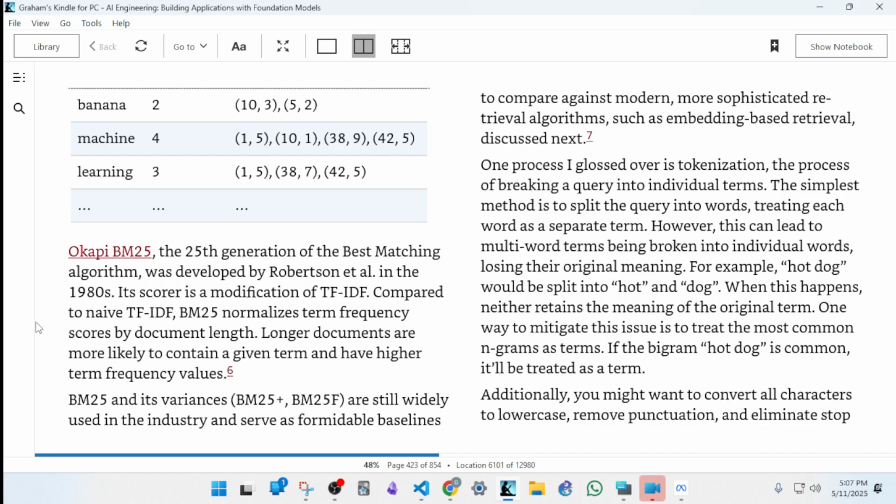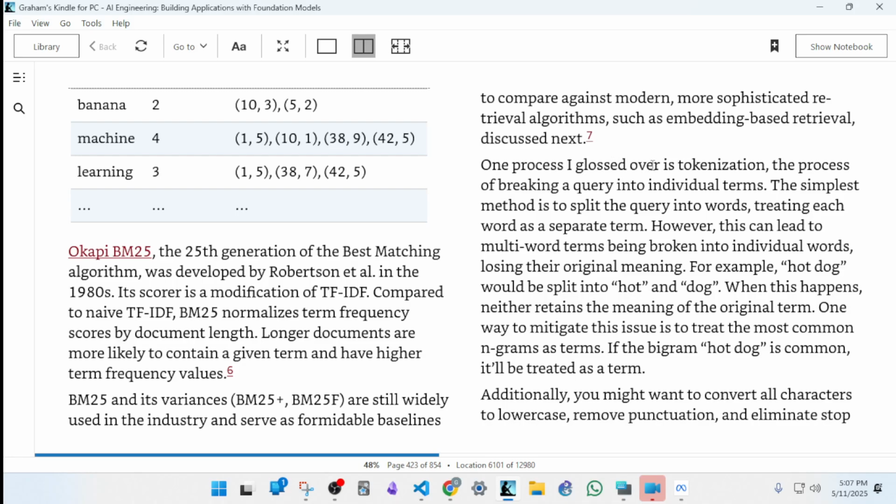Longer documents are more likely to contain a given term and have higher term frequency values. BM25 and its variants, BM25+ and BM25F, are still widely used in the industry and serve as formidable baselines to compare against modern, more sophisticated retrieval algorithms, such as embedding-based retrieval, discussed next.